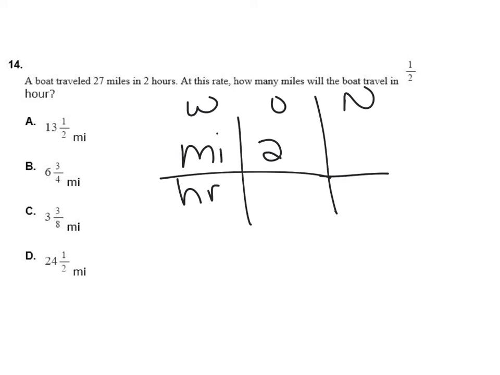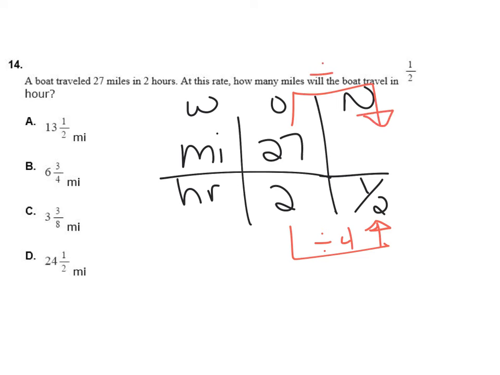So it's 27 miles, 2 hours, and they want to know half an hour. Well, how many halves are there in 2? So for me to get to half, I divided by 4. So 2 divided by 4 gives you half. So now I'm going to divide 27 by 4.